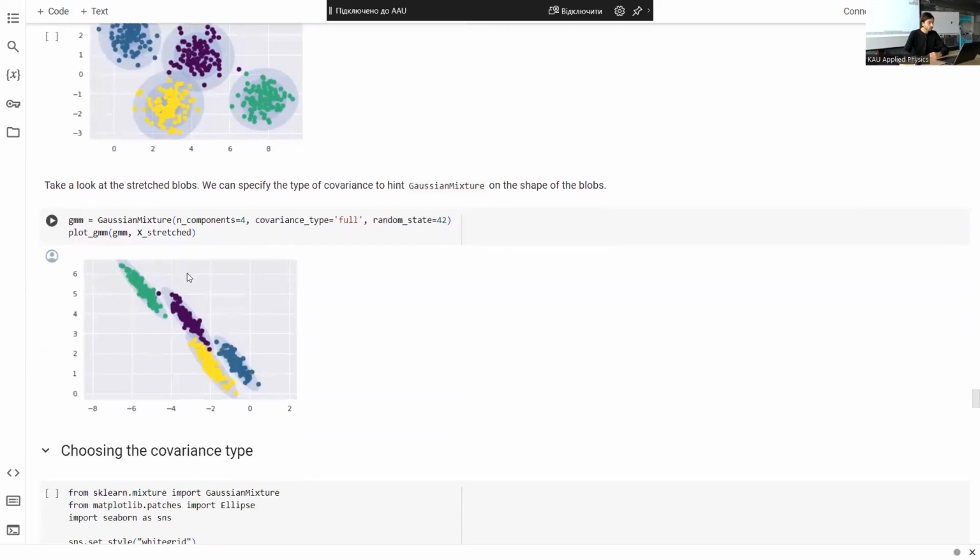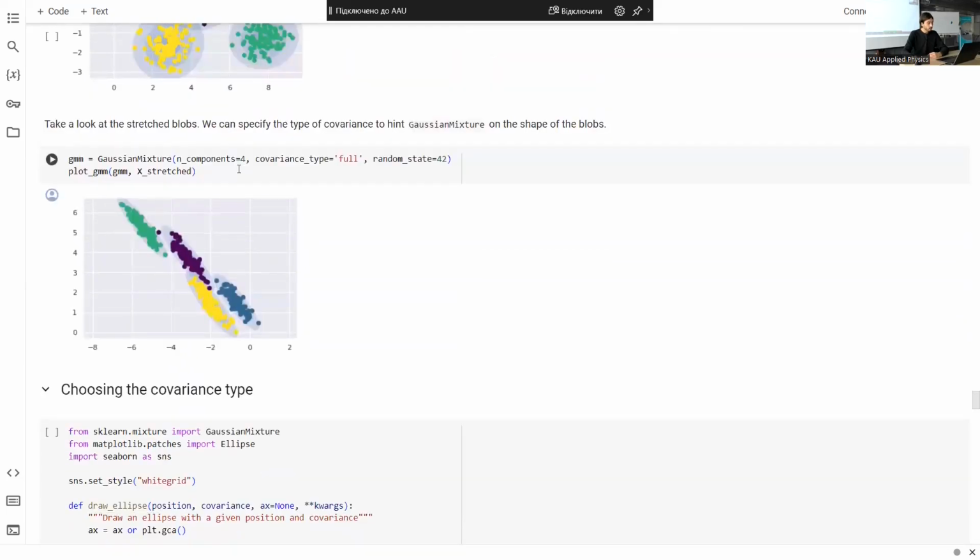And now let's try it on the stretched data set. So here is another picture that shows you how GMM worked on the data set where these blobs are stretched. As you might recall, the k-means method was not able to handle this. We were trying to fit circles into there and to grab our points into a cluster with the circle.